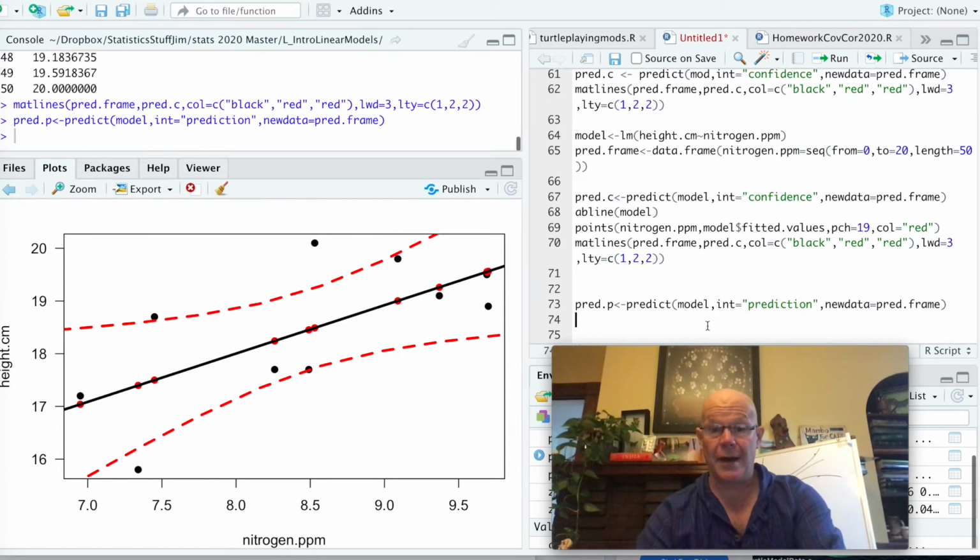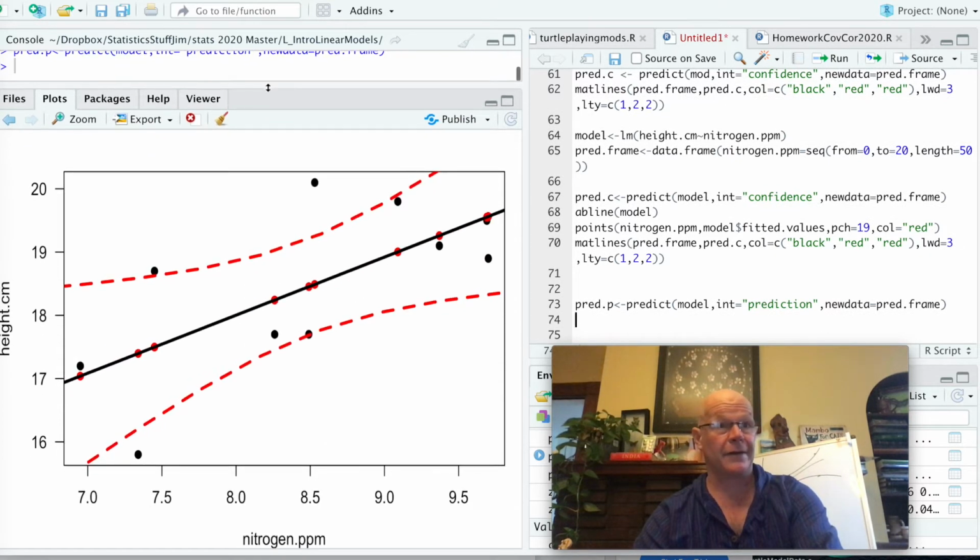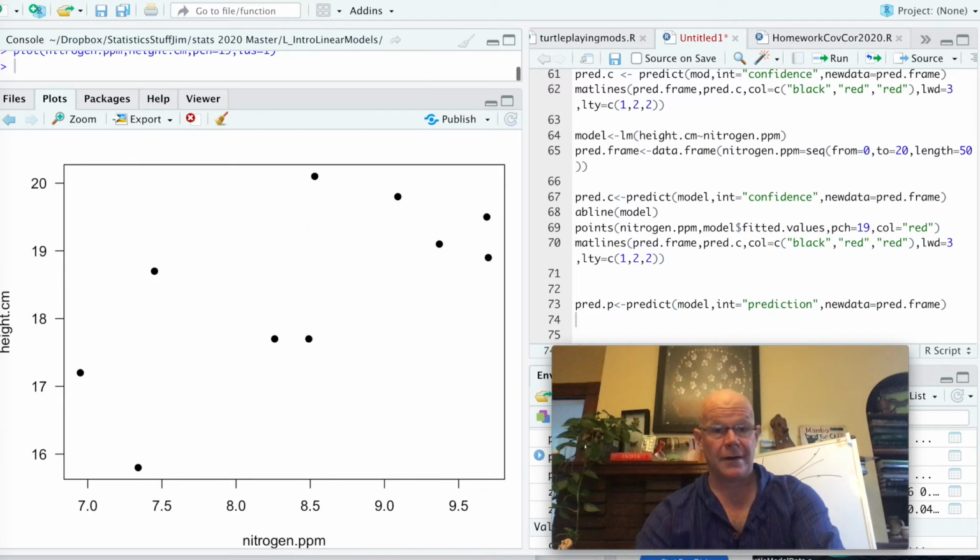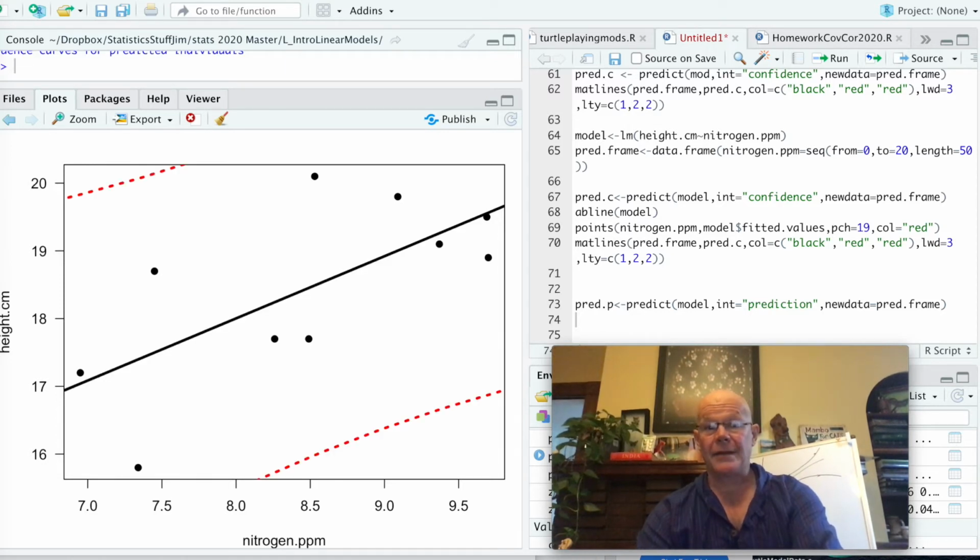I will go ahead and plot this. Here's our data. That's our regression line from our linear model. That's our prediction interval of where we expect 95% of the samples to fall.